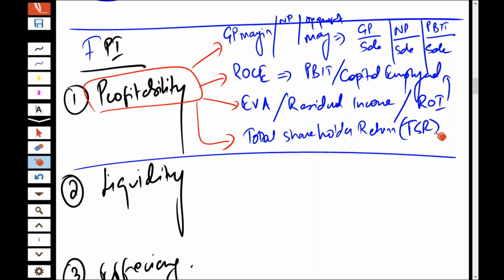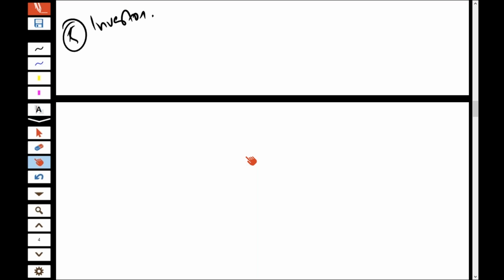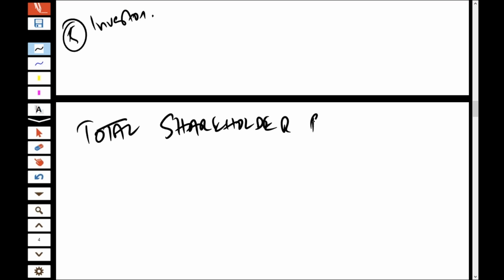What is this total shareholder return? Let me explain this total shareholder return right now before I move forward. The total shareholder return, which is also known as TSR.